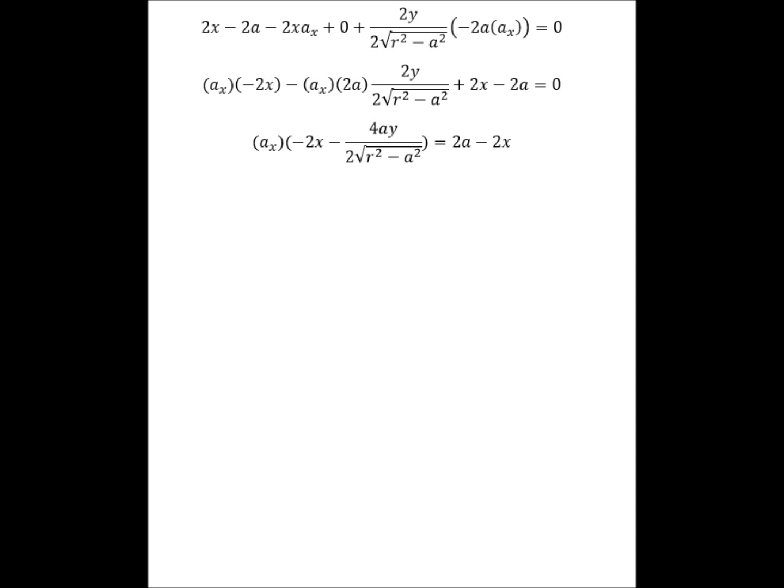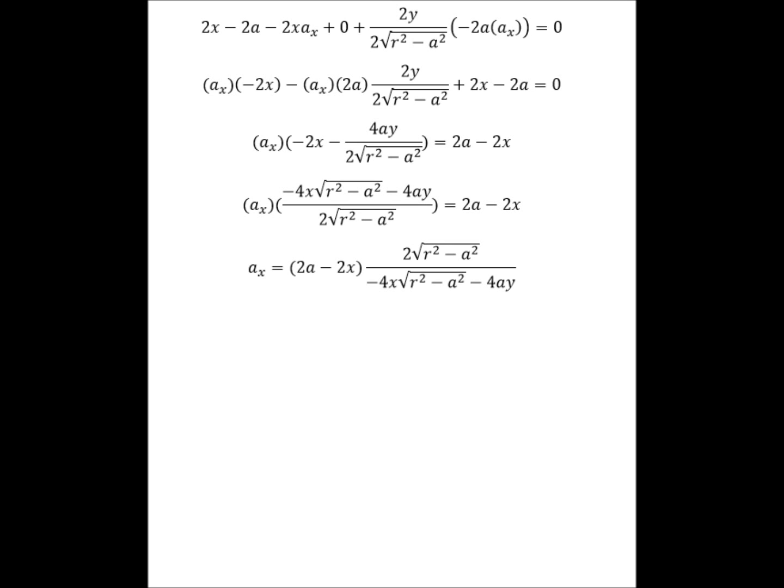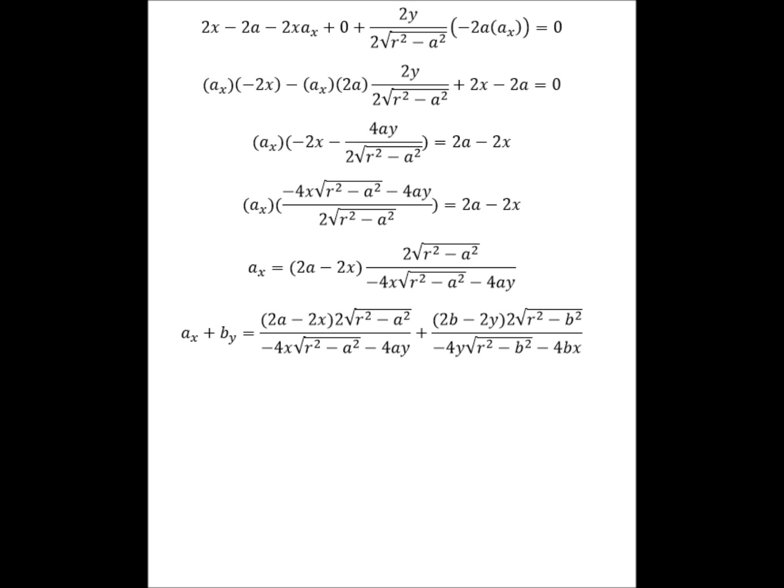When we take the partial, we get this equation. With a little refactoring, taking out the partial of a with respect to x, we find that a partial x is equal to 2a minus 2x times 2 root r squared minus a squared over negative 4x root r squared minus a squared minus 4ay. Then we can do a similar thing for b and partial y and get a partial x plus b partial y equals this.